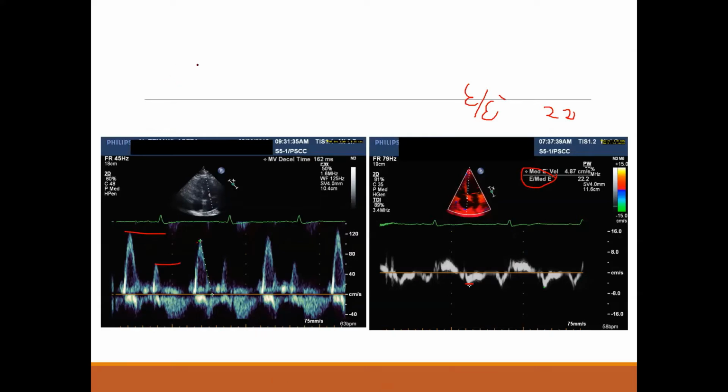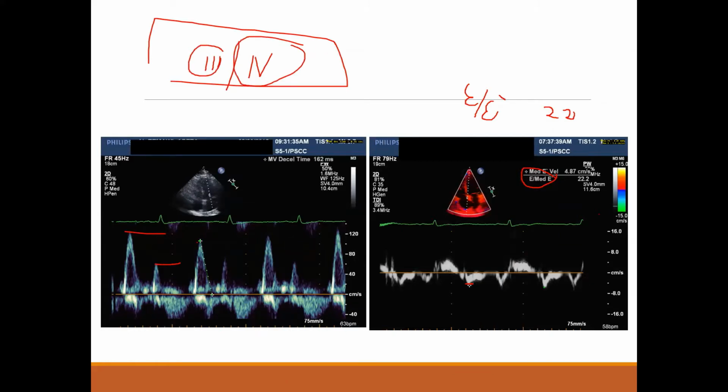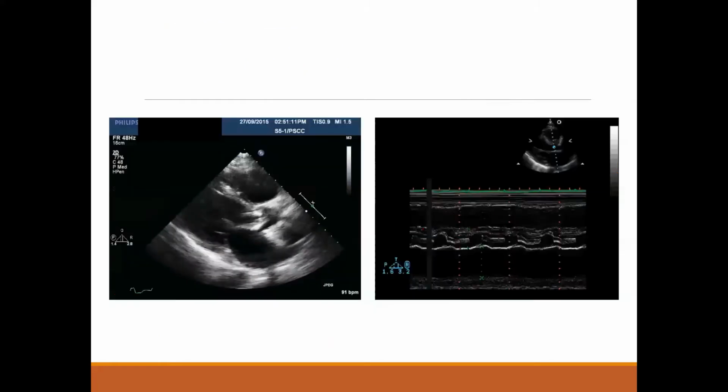Grade 3 and 4, restrictive, both of which are restrictive. One is reversible, one is irreversible, but I don't know here whether it is reversible or not, so I will call it restrictive diastolic dysfunction grade 3/4. Okay, now what's the problem here?